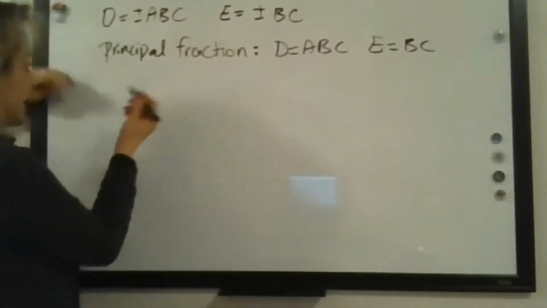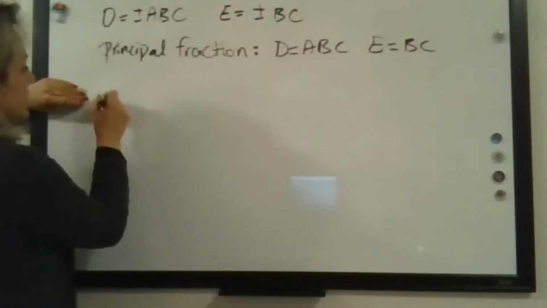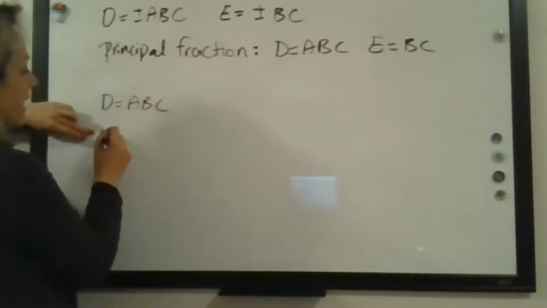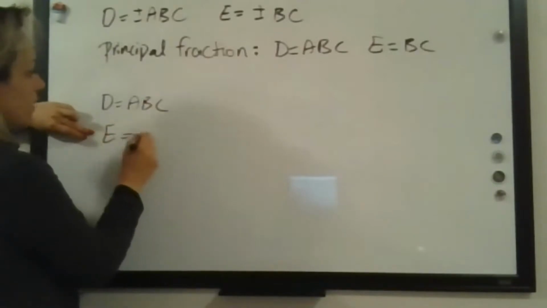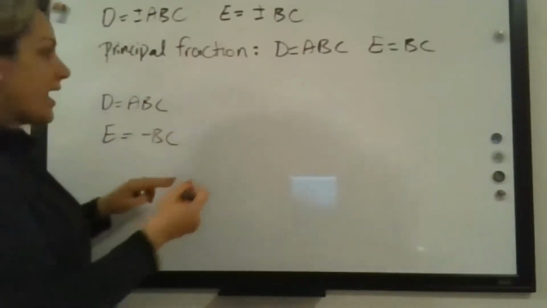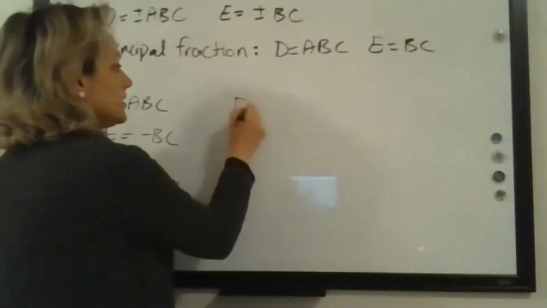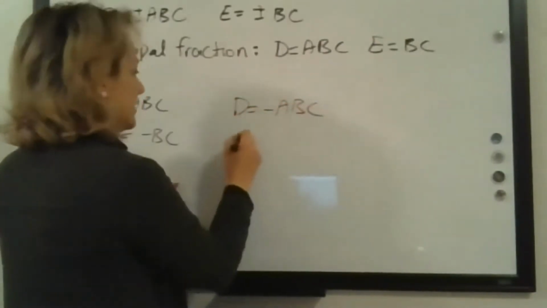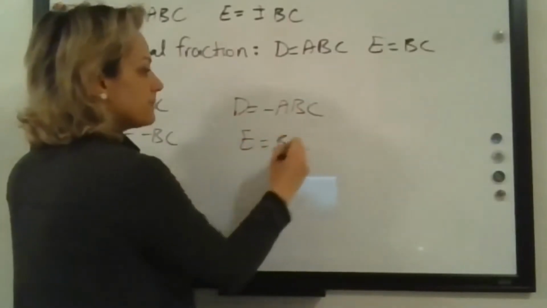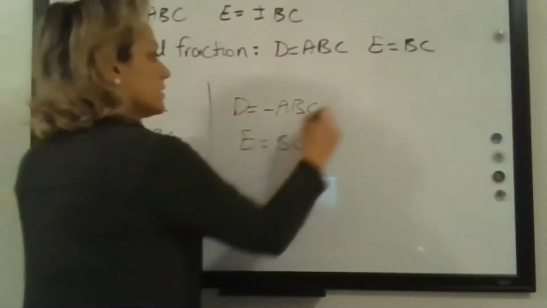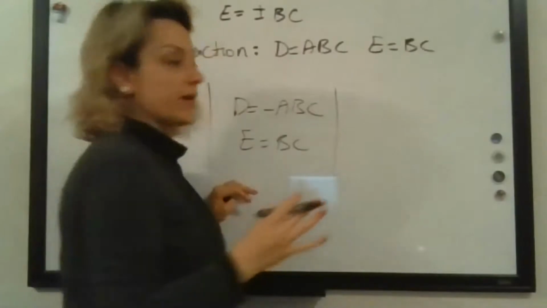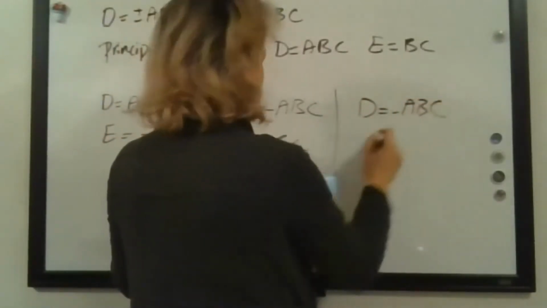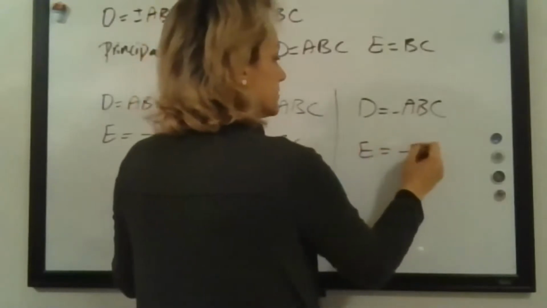For example, one is going to be D equal to ABC and E equal to minus BC, right? And then D equal to minus ABC, and E equal to BC. The next one is when both of them are negative: D is equal to minus ABC, and E is equal to minus BC.